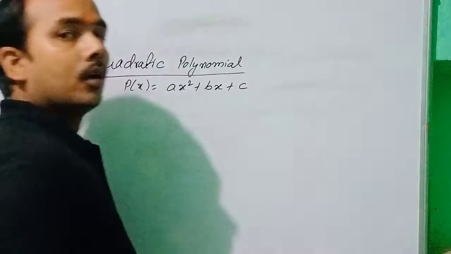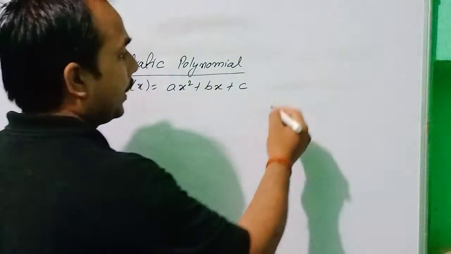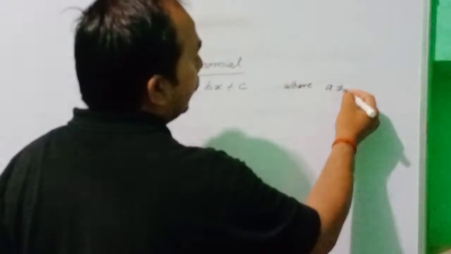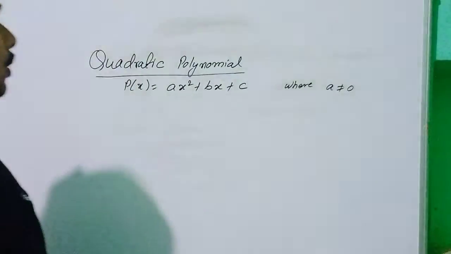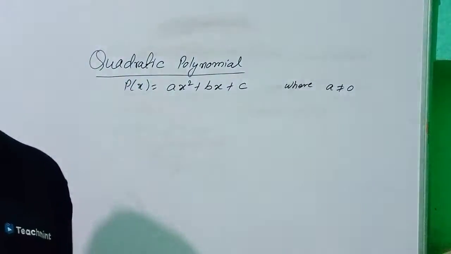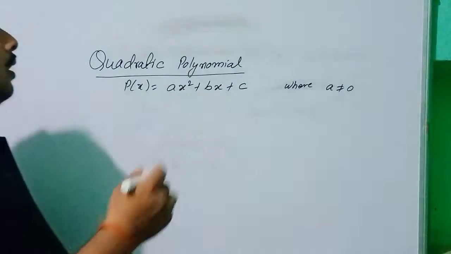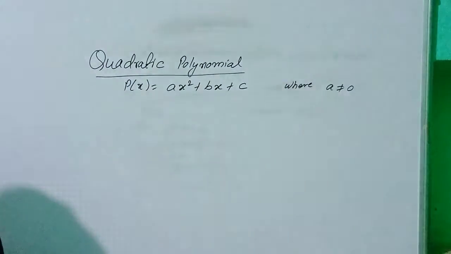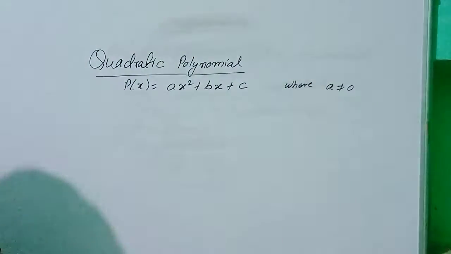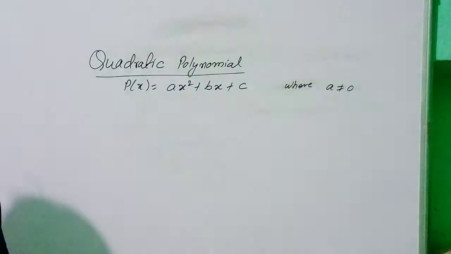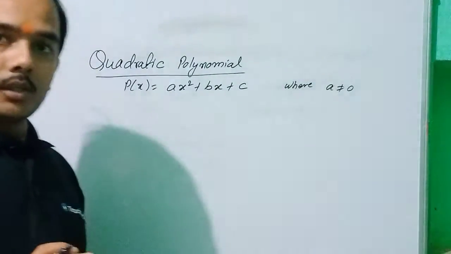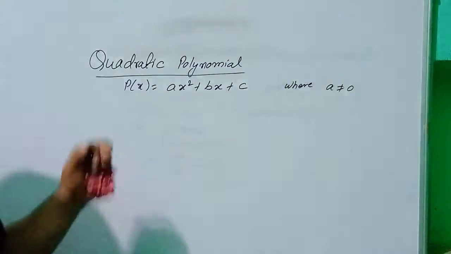This is the quadratic polynomial where a is not equal to 0. Look here, why we are saying it is quadratic polynomial? Because the power of x is here 2, means the degree of x here given 2. So this polynomial is known as quadratic polynomial.